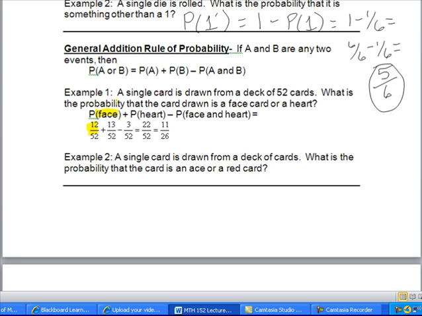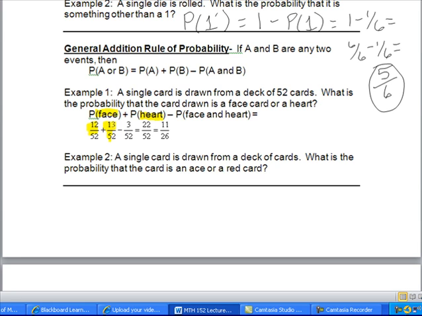Remember, that's the Jack, Queen, and King. So 3 cards times 4 suits, there are 12 of them. The probability we have a heart, there are 13 cards in each suit, so the probability of a heart would be 13 out of 52.